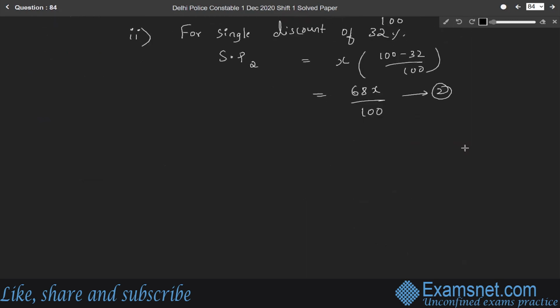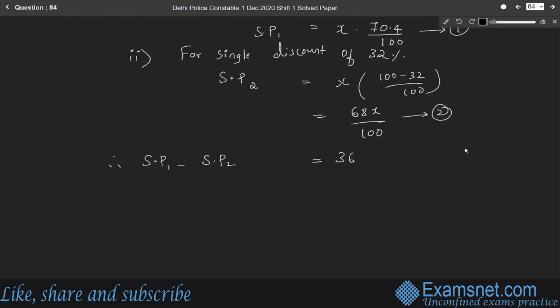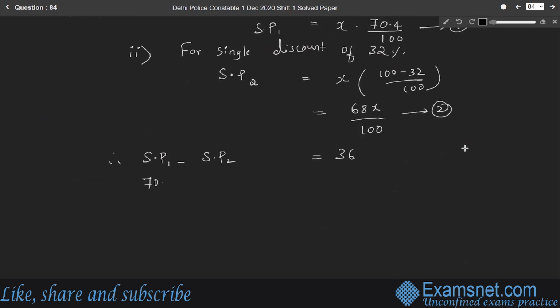Therefore, SP1 minus SP2 is equal to 36. Substituting the values, 70.4x by 100 minus 68x by 100 is equal to 36.